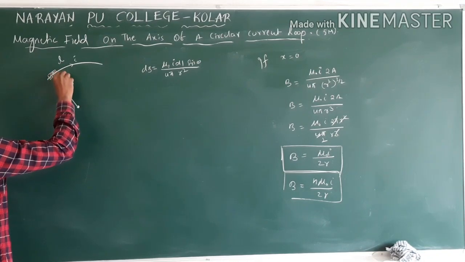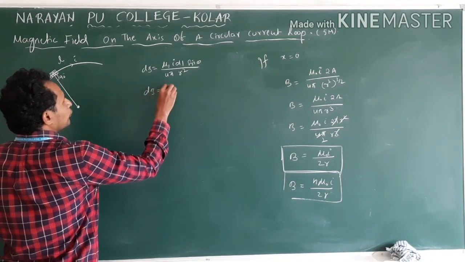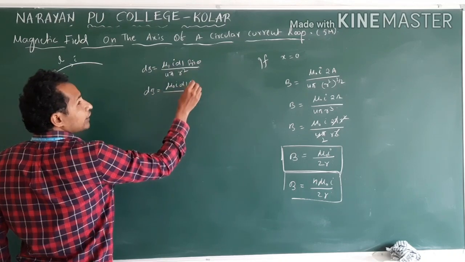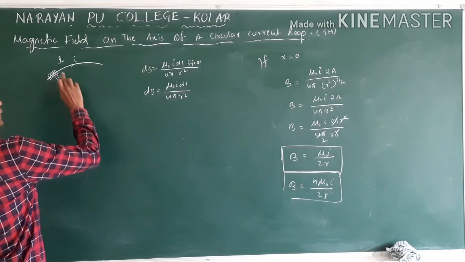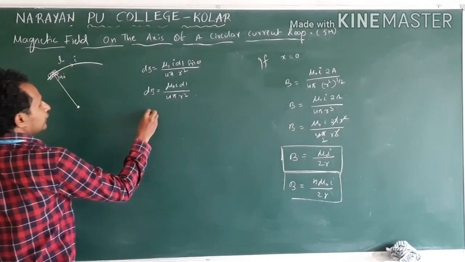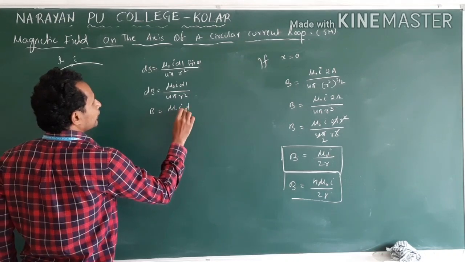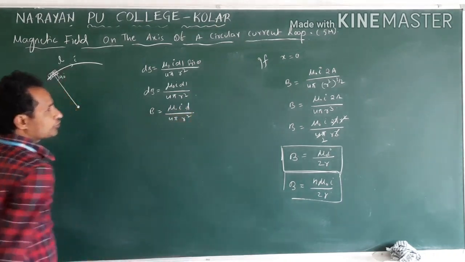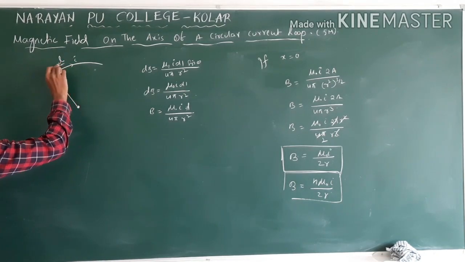Then the angle is what? 90. Then dB is equal to mu naught I dl sin 90 by 4 pi r square. If you integrate, length is L, then B is equal to mu naught I L by 4 pi r square. dl will give the total length, let us say we take it as L.